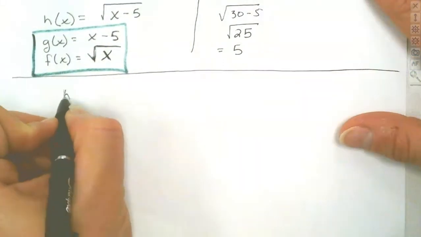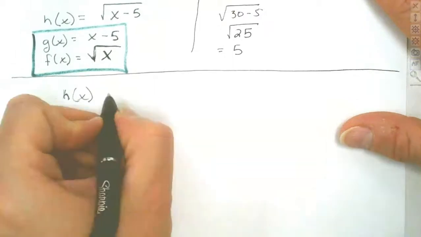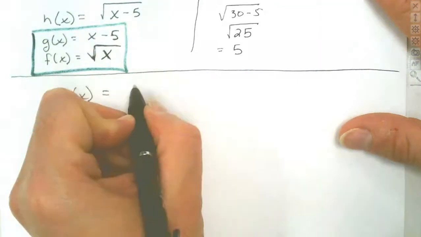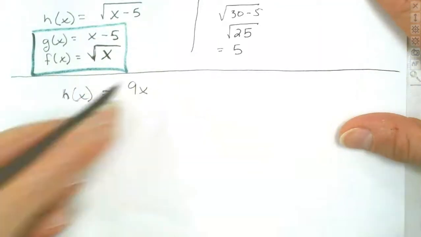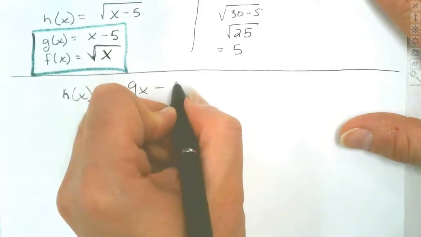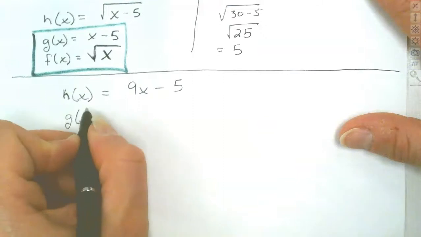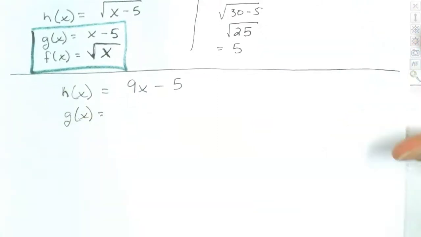So let's now say that your h of x is, well, let's say 9x minus 5. So g of x goes first. If I was going to work this out, would I multiply first, or would I subtract the 5 first? Which would I do?